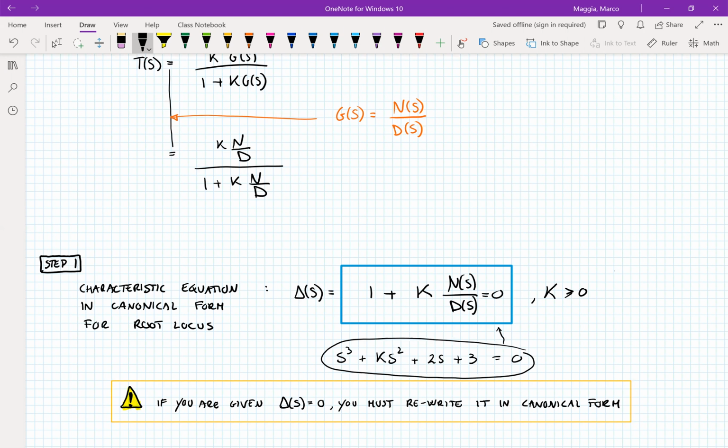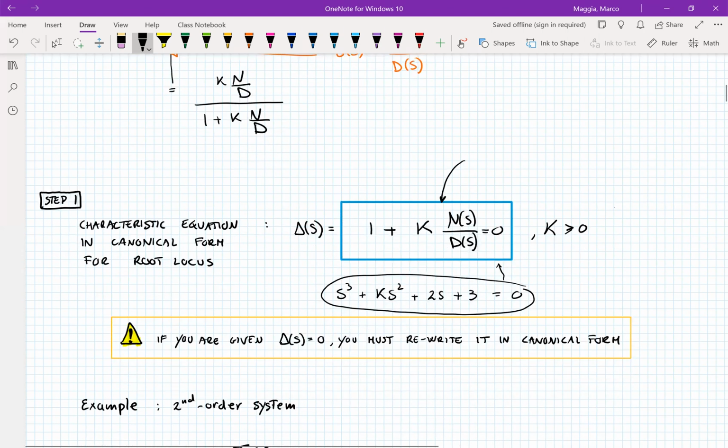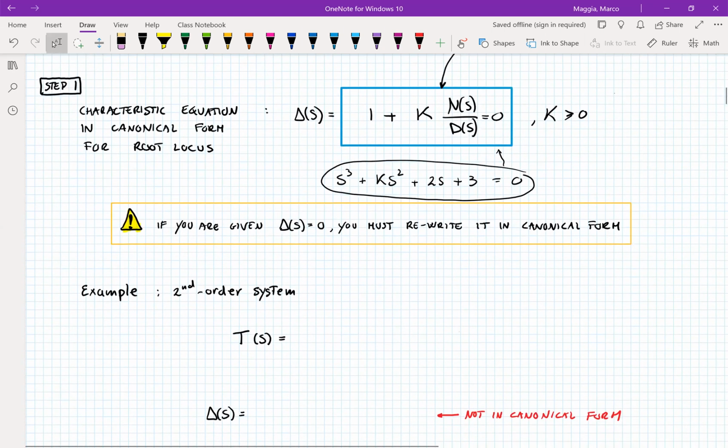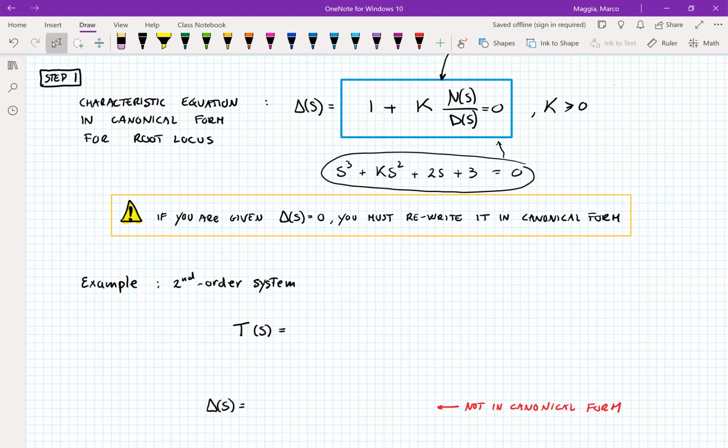So you have to rewrite it so that it looks like this. And we're going to see an example right now of how to rewrite the characteristic equation so that it is in the canonical form.